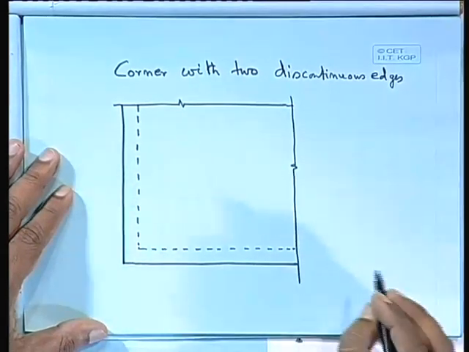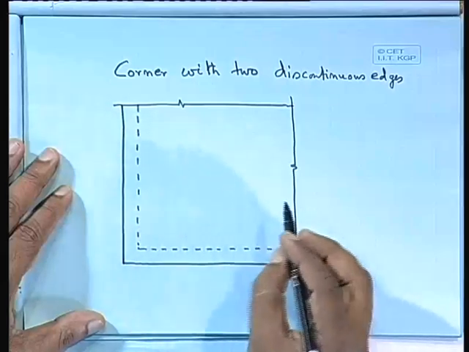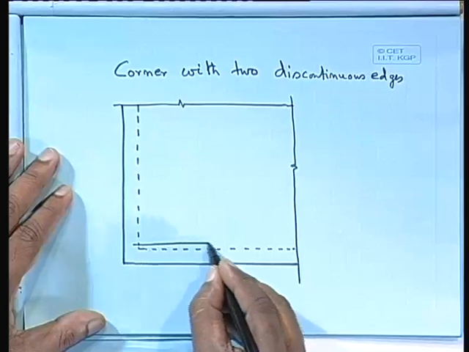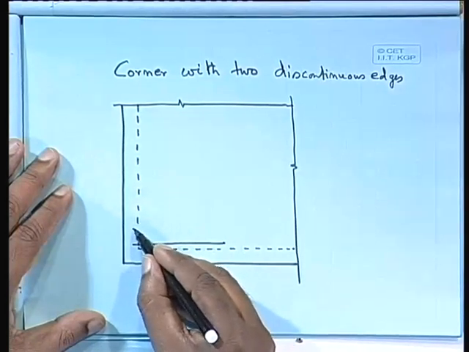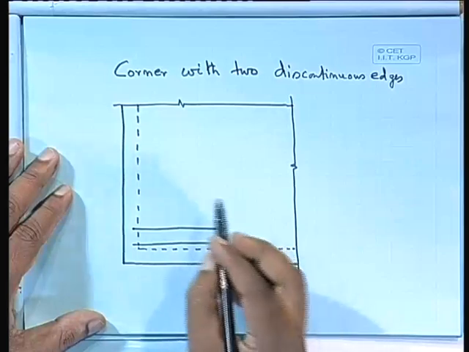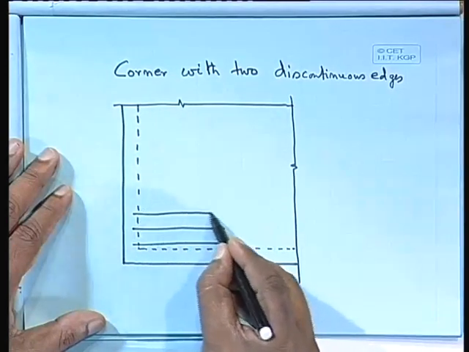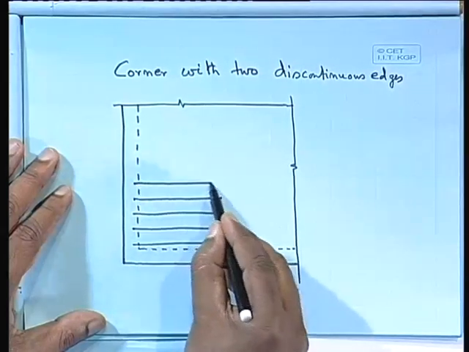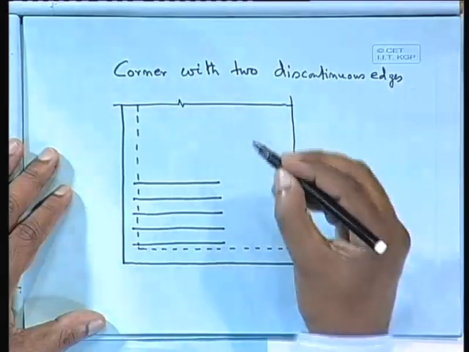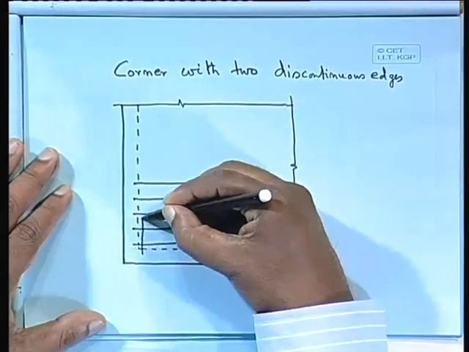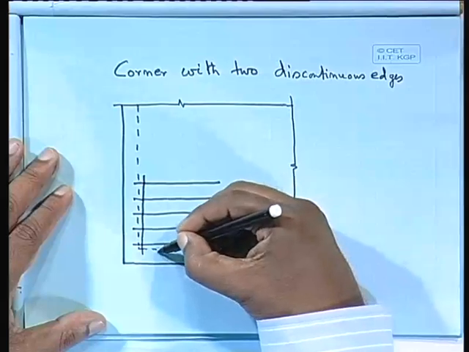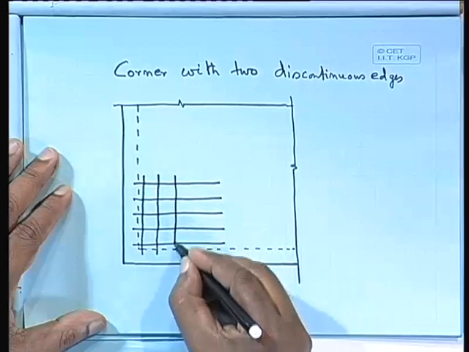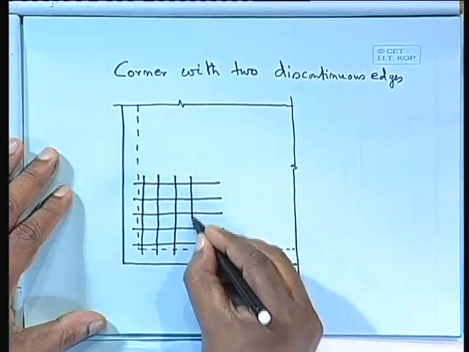So, what we can do here, if we start, so let us start here. The corner reinforcement you can provide, and the other side also. So, this is that corner reinforcement we have to provide.